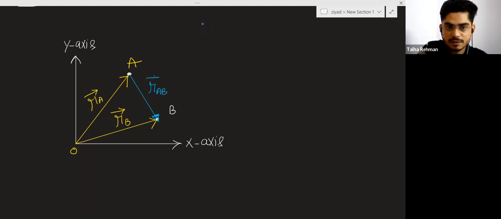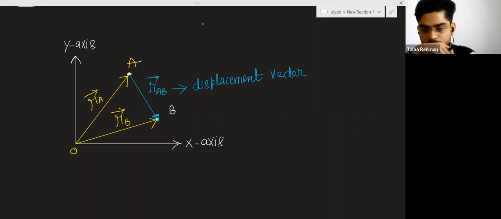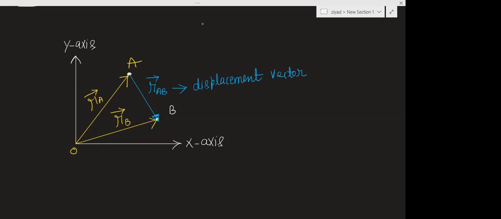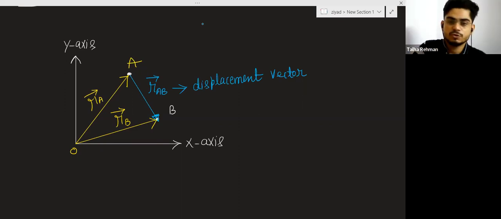RAB will be the displacement vector. So this RAB is the displacement vector.